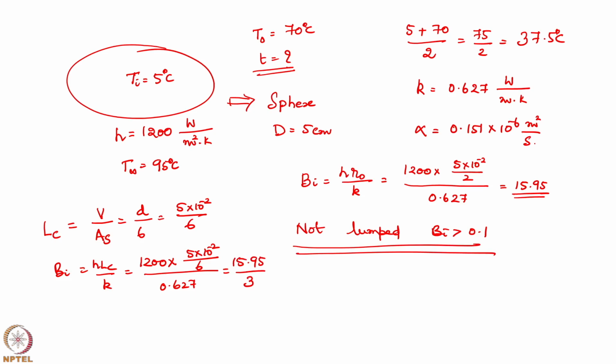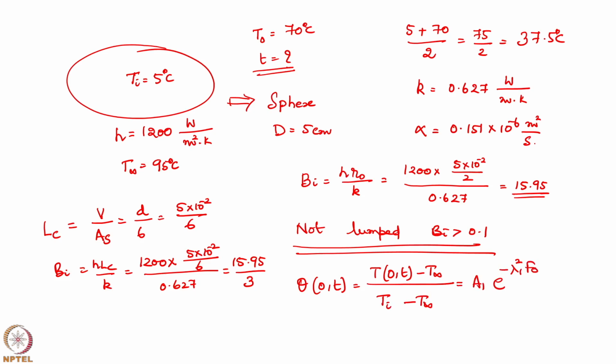So, if this is not lumped, then I have to take the one term series solution. For the center of the sphere, if you recall, we have theta of 0 comma t equal to T of 0 comma t minus T infinity divided by Ti minus T infinity, which is equal to A1 e to the power of minus lambda 1 squared Fourier number.